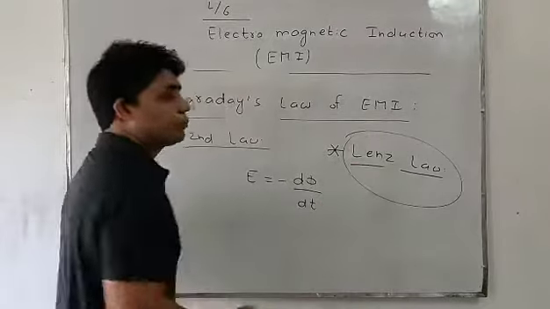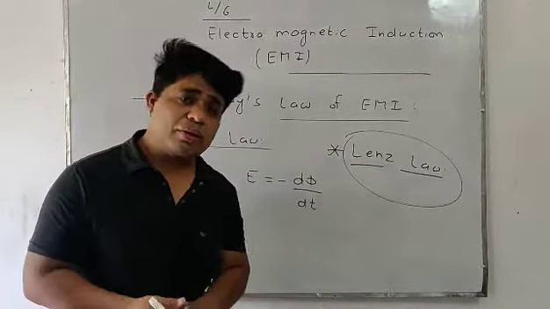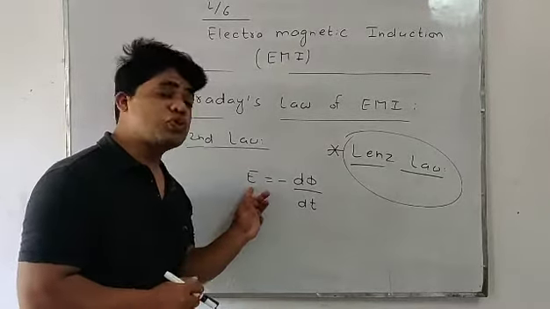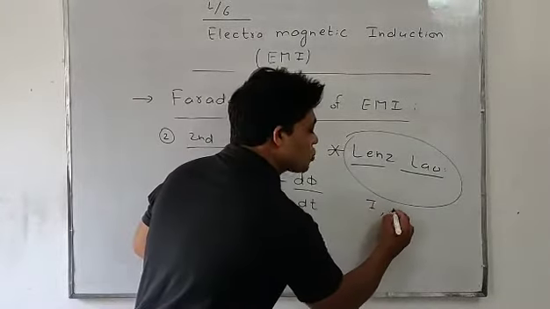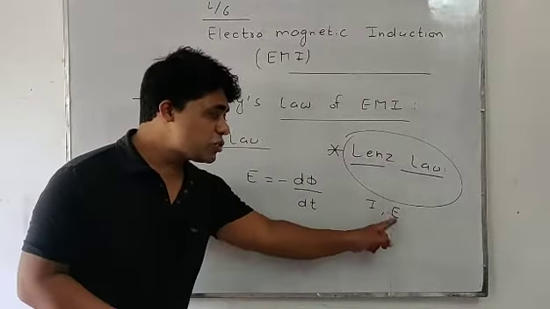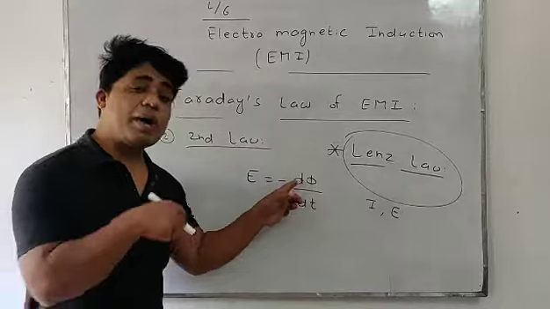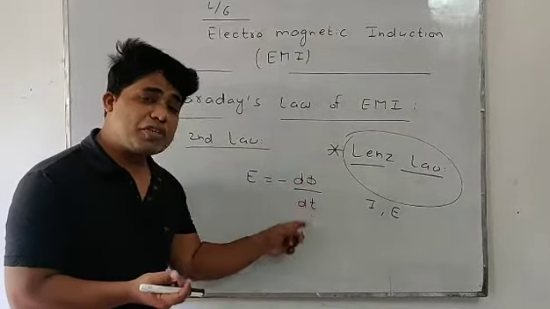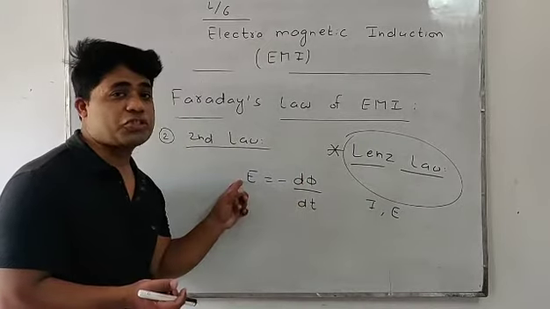What is Lenz's law? Lenz's law states that in an electrical circuit, the direction of induced current and EMF are in such a way that these two always oppose the rate of change in flux, the factor which is responsible for their production.